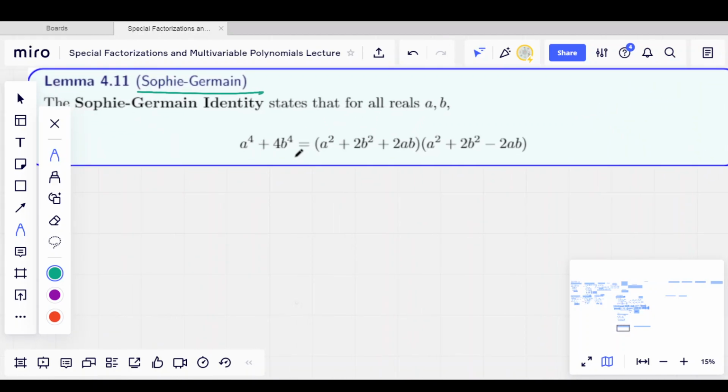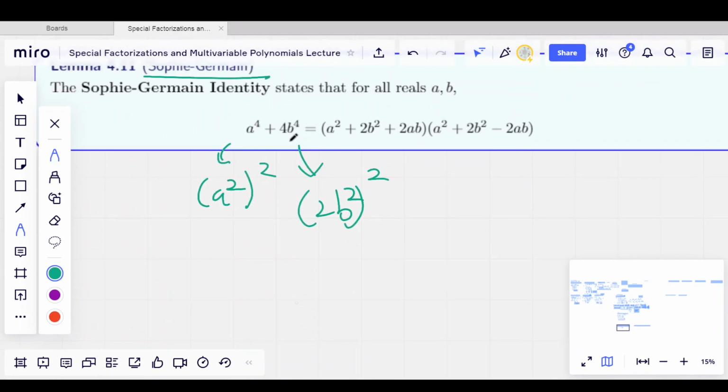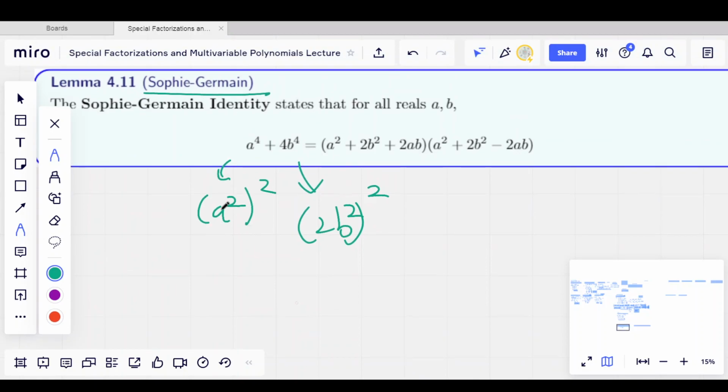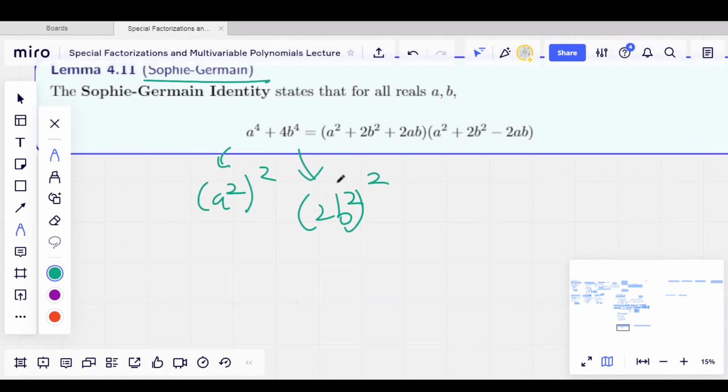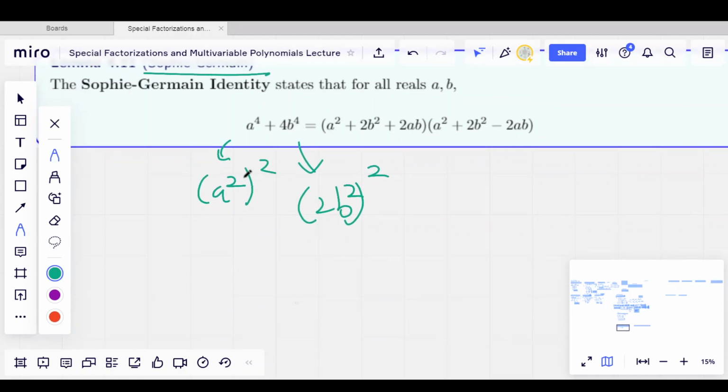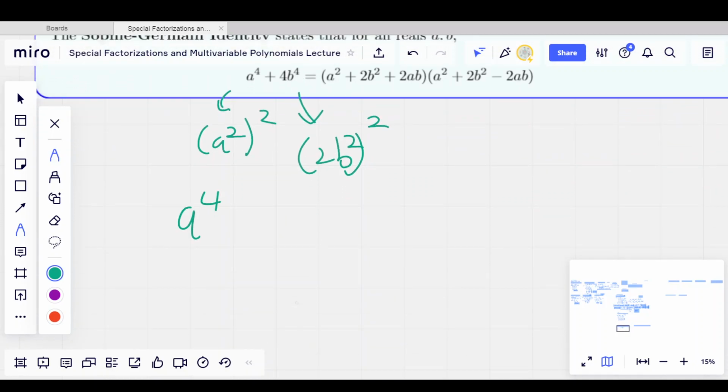So a to the 4th plus 4b to the 4th. So this is actually just a squared squared and 2b squared squared. So this should actually give you the key to the problem if you were to derive this. If you don't see why, you can just expand it, but I'm just going to go over the derivation.